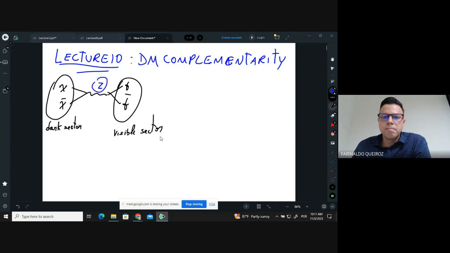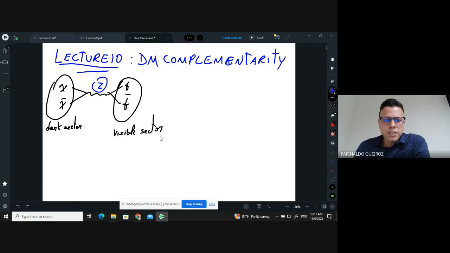However, if I had put a Z prime boson there, that would be called a dark boson. So if it belongs to the standard model spectrum, it's called visible. If it doesn't, then we say it's dark. So we have the dark sector and the visible sector. Now let's see how things play out when we are discussing dark matter complementarity.